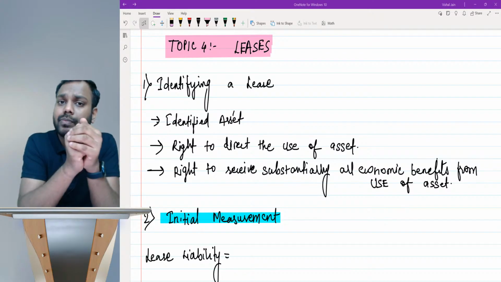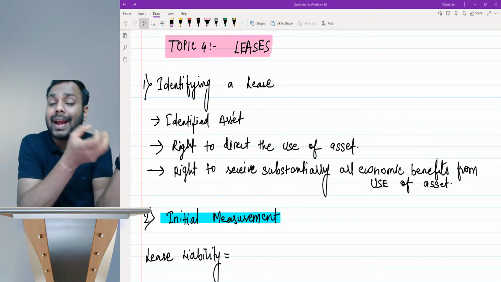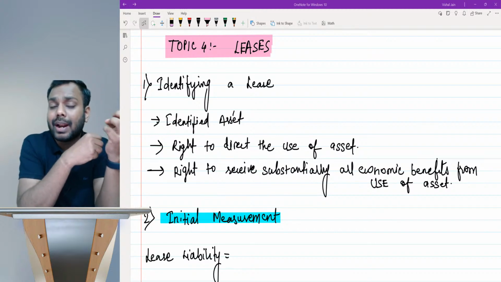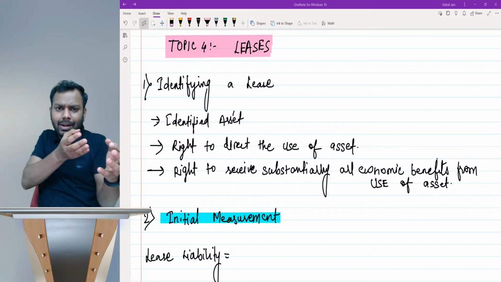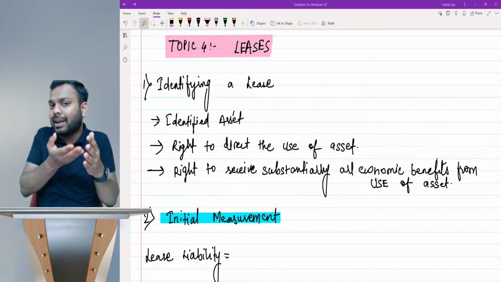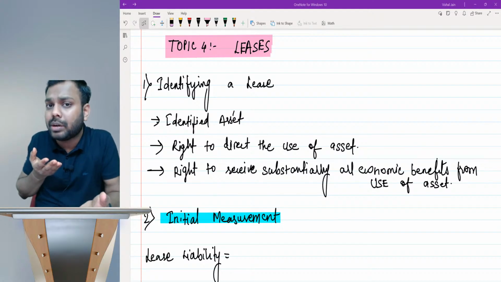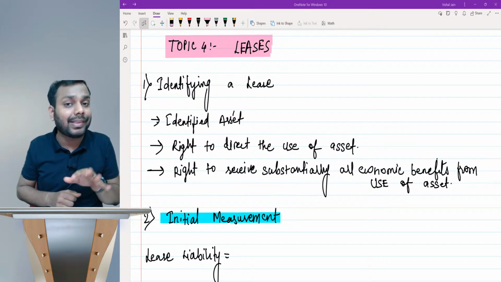Contract for what? A contract to take the right of use of an asset, an identified asset.